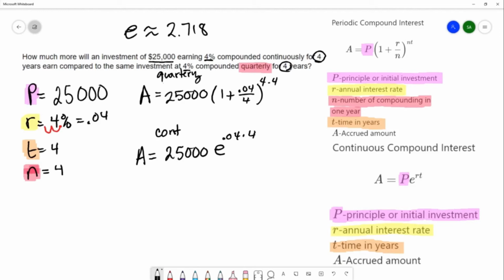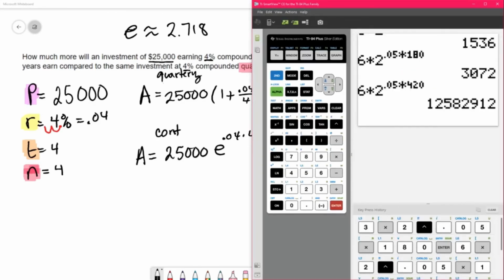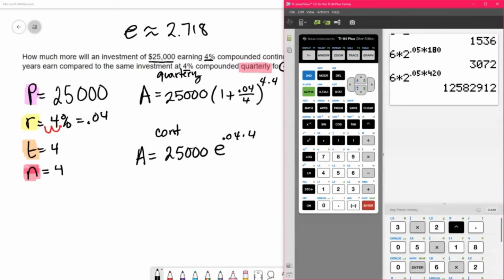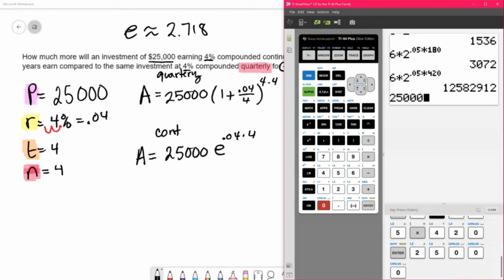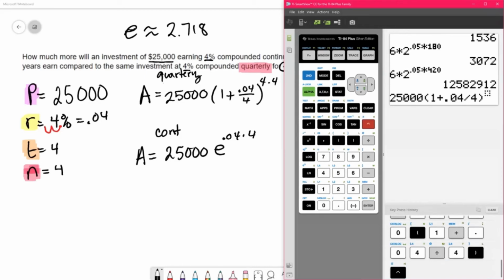I'll pull up my calculator, and let's see if I can make it a little smaller so I don't cover up those formulas. We've got 25,000 times 1 plus 0.04 over 4, raised to the 4 times 4.